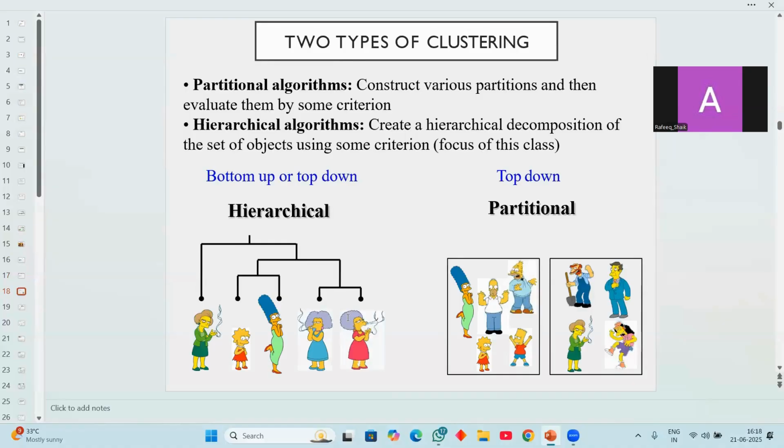We can see two types of clustering: partitional algorithms and hierarchical algorithms, bottom up or top down. Hierarchical divides the data into a tree-based structure, and partitional divides the data into groups according to similarities.